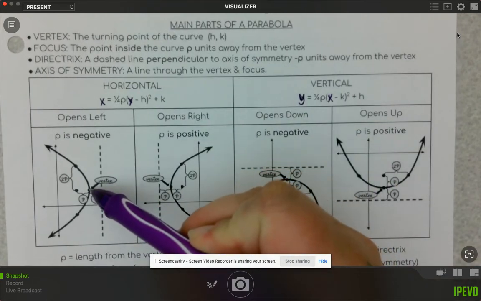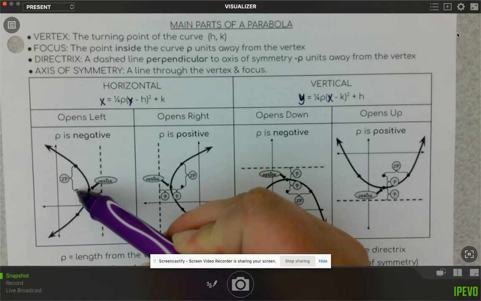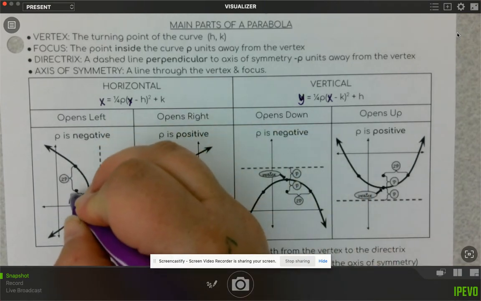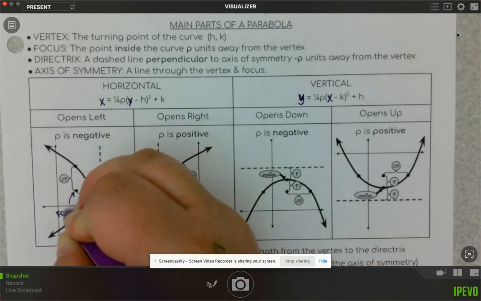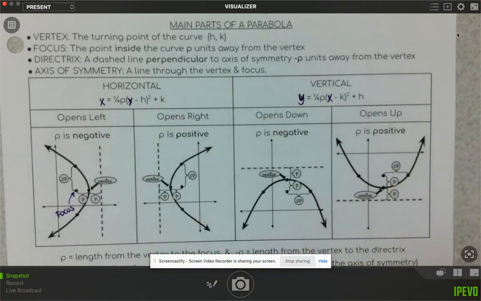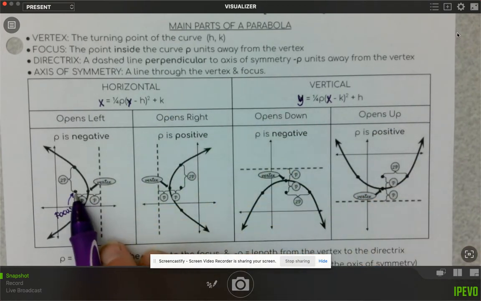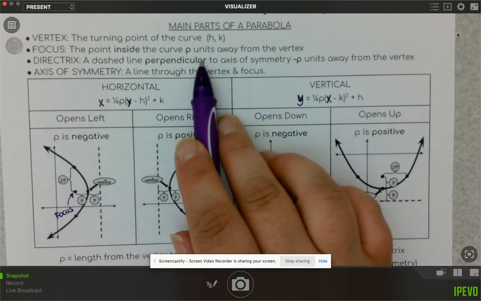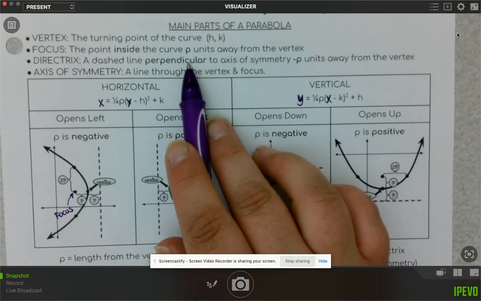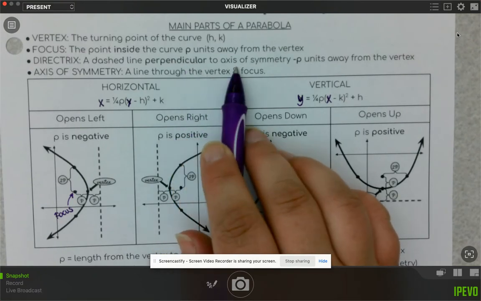So from the vertex to the focus, this is the focus right here. If you want to label it, you can. And it is p units away, so you see we've added p here. And the directrix is p units the other way. So it is a dashed line perpendicular to the axis of symmetry.